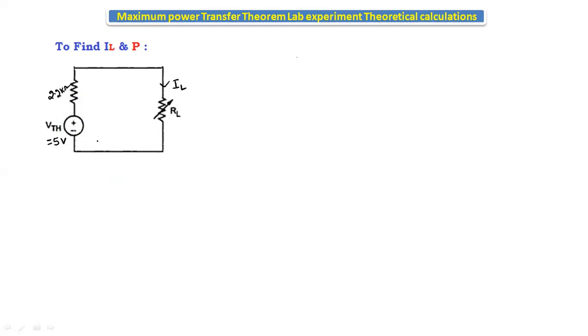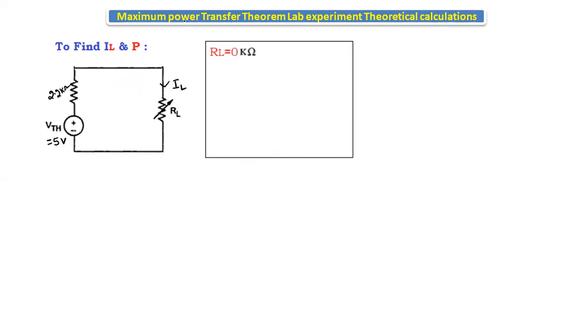For the given circuit, we got the VTH value and the RTH value, and so we need to vary the load resistance value. For the different load resistance values, we will find out the load current as well as the power. Now let's see one by one how to find out the IL and P.